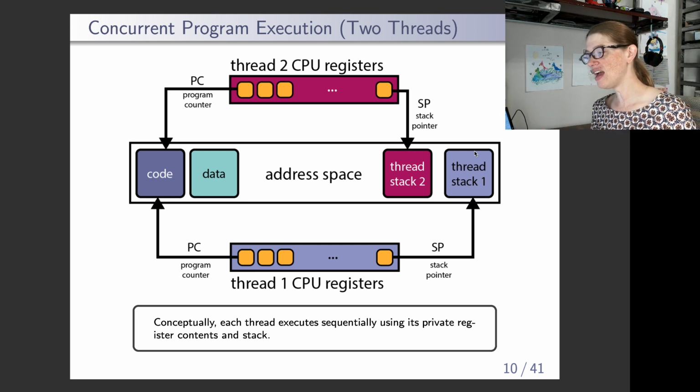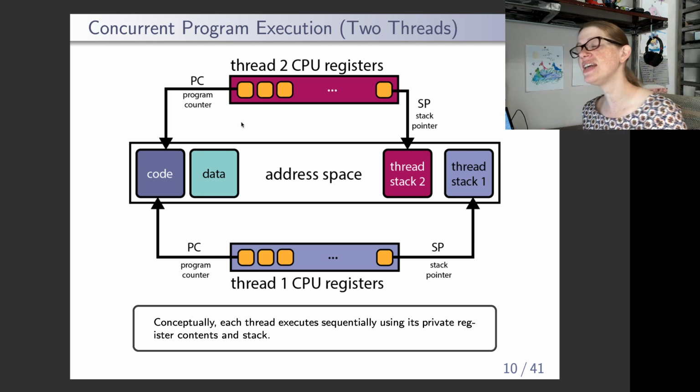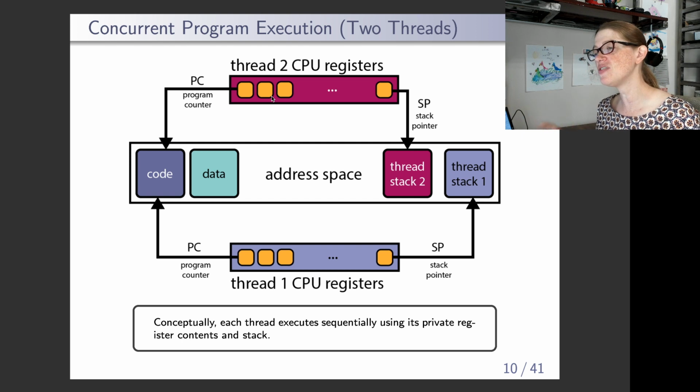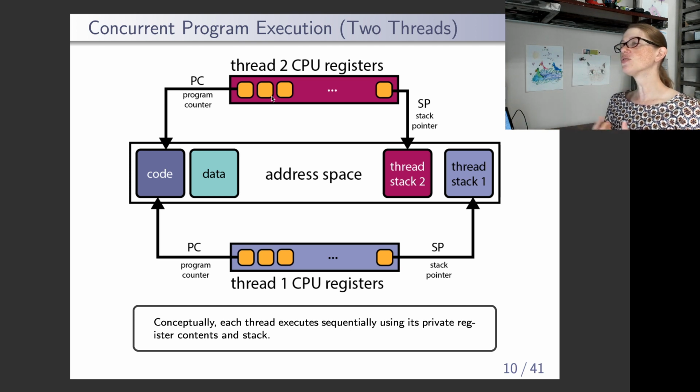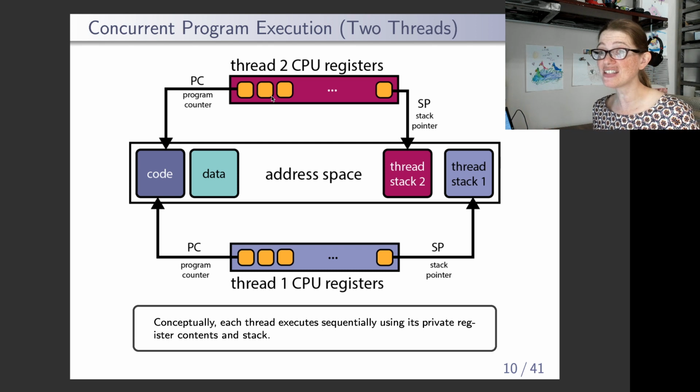Now, this diagram here might make you believe that there are multiple CPUs, and the CPU then has to have multiple sets of registers, one for each thread, but that doesn't actually make sense. The CPU doesn't know how many threads there are going to be, and registers take up a lot of physical space on the actual chip, and we want to minimize the size of the CPU.